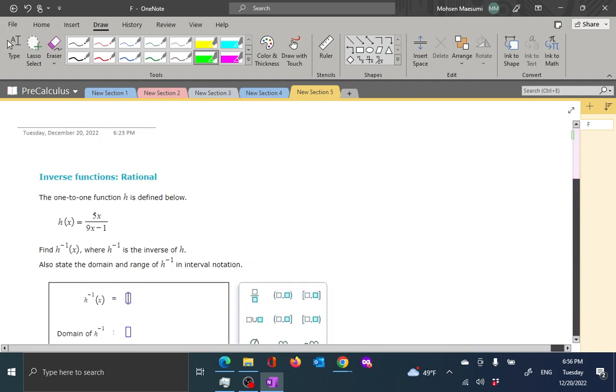The domain is limited by the number you cannot put in the denominator, which is the root of the denominator. That's rather obvious. The range was a little bit more complicated. What number goes missing? And for a rational function, that's easy to tell. The number that goes missing is the ratio of the coefficients of x in the numerator and denominator. That's the number that is taken off.